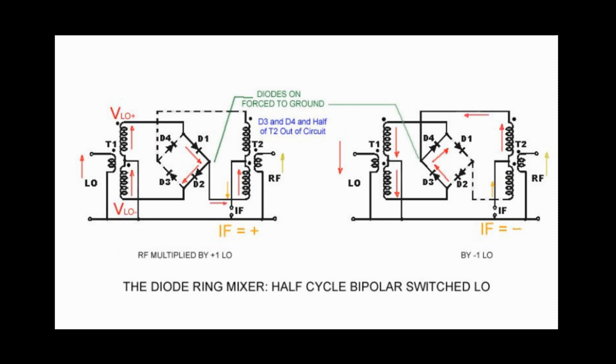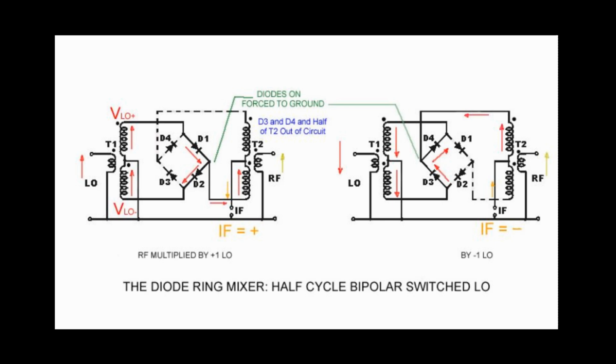So remember, we're using the mixer as an upconverter. We're taking our low frequency from 2 to 30 megahertz and we're translating it up to 42 to 70 megahertz. And we have a 40 megahertz local oscillator.